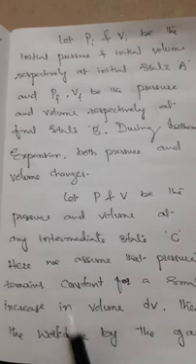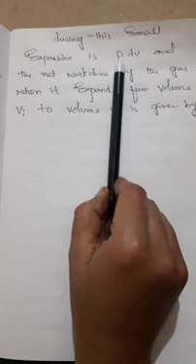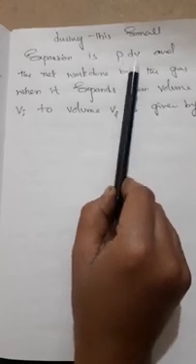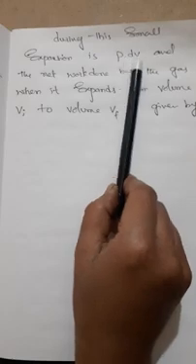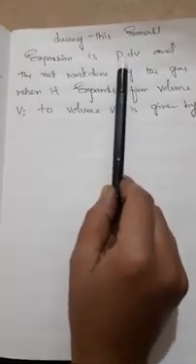Then the work done by the gas during this small expansion can be written as follows. Work is force into displacement. In terms of gases, force is pressure, and displacement of the particles we can take in terms of volume element dV. So the small work done can be given as P dV.